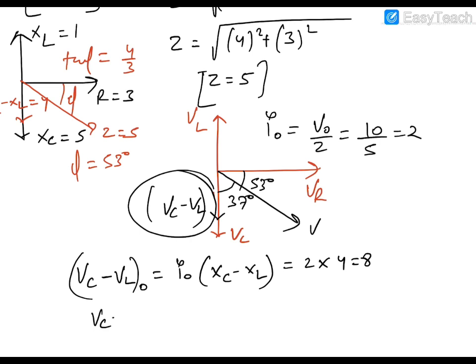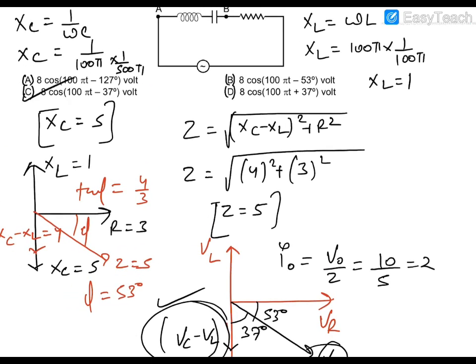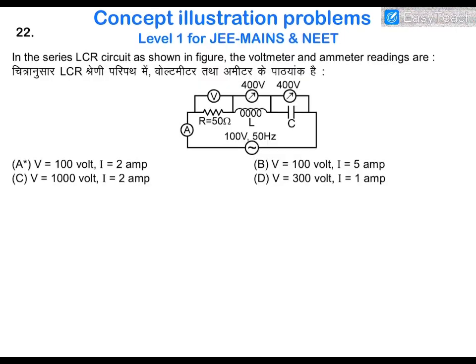So VC minus VL will be equal to 8 cos omega t. Now you can see that VC minus VL is behind V by an angle of 37 degrees, so it would be minus 37 degree. So the correct answer will be option C. Omega will remain the same. Now we move on to the next question.